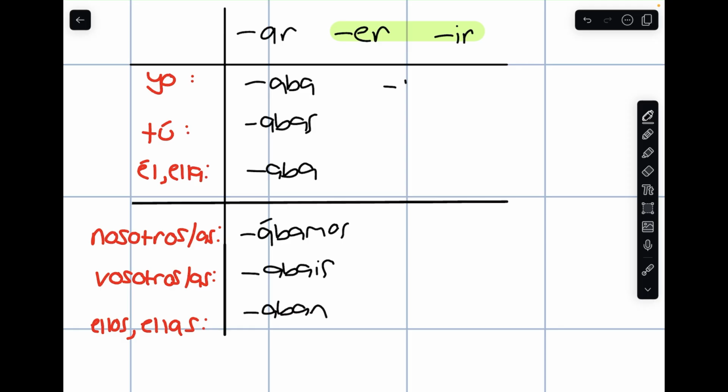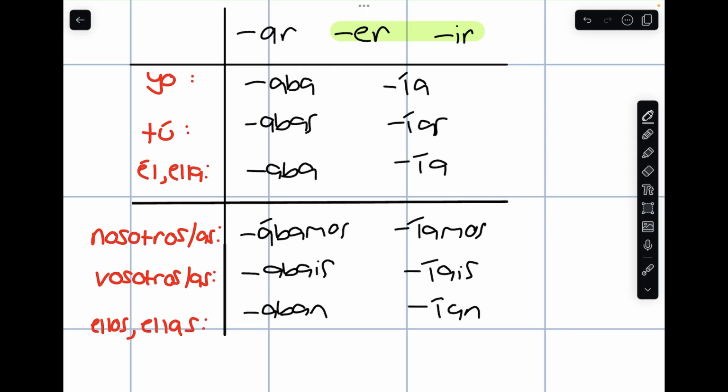We have ía, ías, ía, íamos, íais, ían. So these are all my endings for my regular verbs. For example, hablar would become hablaba, hablabas, hablaba, hablábamos, hablabais, hablaban, because it's an AR verb.